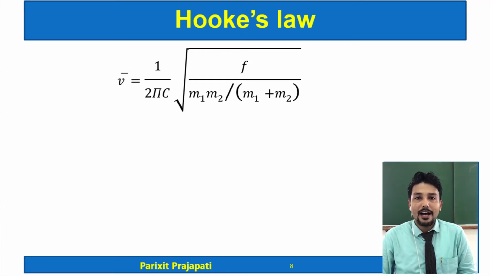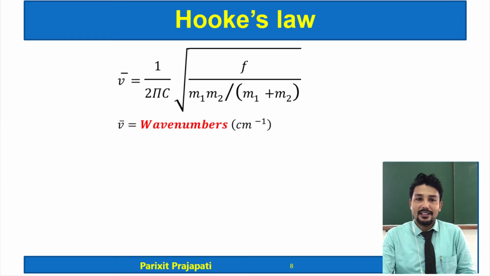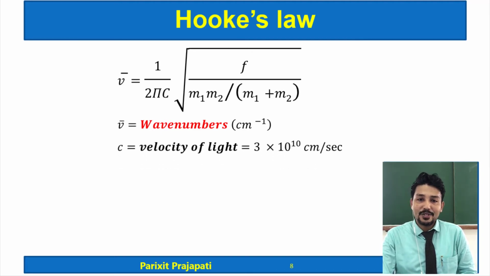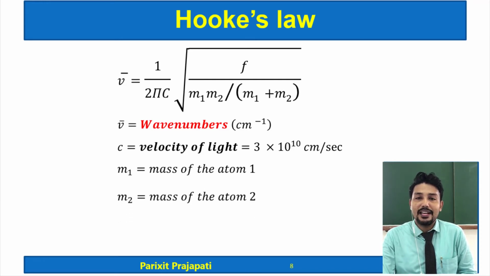Nu bar is equal to 1 divided by 2 pi c, times the square root of f divided by m1 into m2 divided by m1 plus m2, where nu bar is the wave number in reciprocal centimeter of that particular covalent bond. c is the velocity of light, that is 3 into 10 raised to 10 centimeter per second. m1 is the mass of atom 1, m2 is the mass of atom 2.